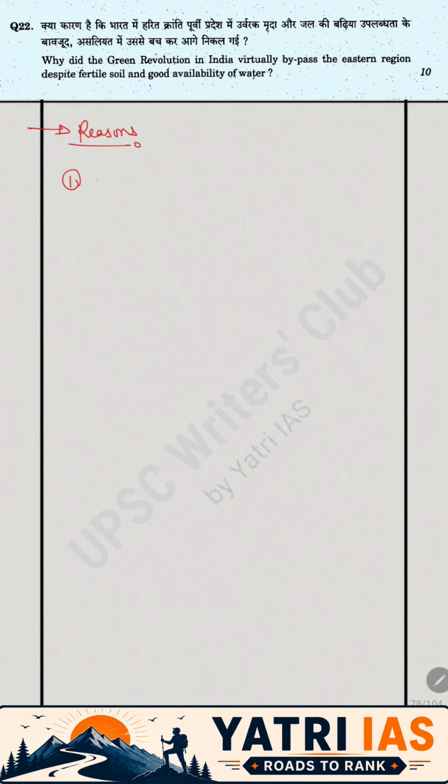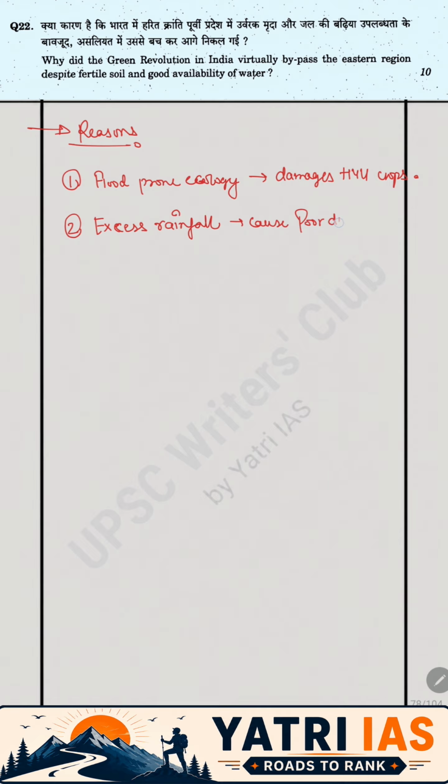The very first reason is that the Eastern region is prone to flood-prone ecology, which damages HYV crops. So this is the very first reason you could mention. Then the region has excess rainfall, which causes poor drainage, and as a result, productivity is reduced significantly.